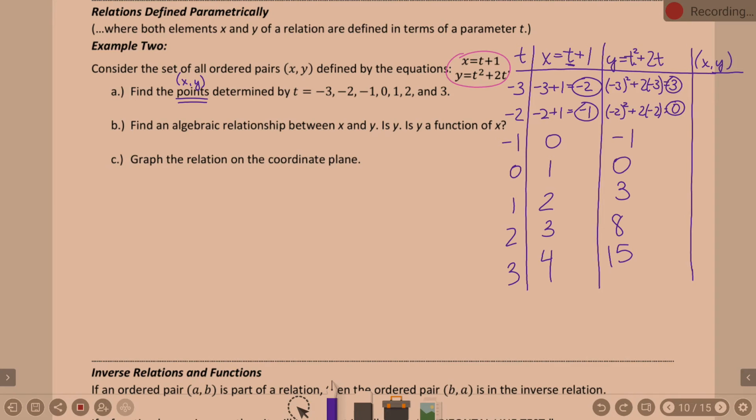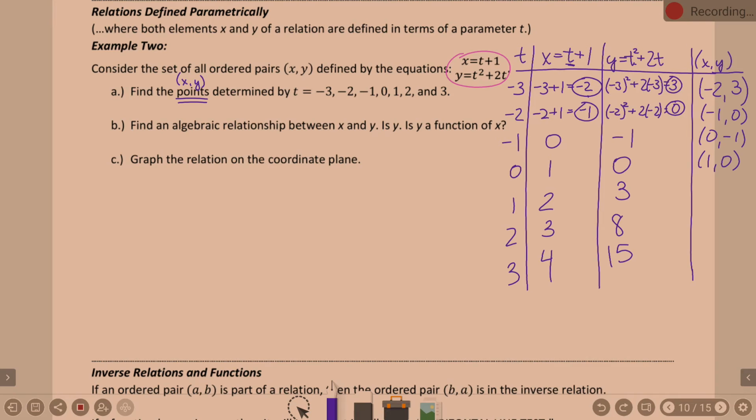So when t is negative 3, what is my ordered pair? And that is negative 2 comma 3. When t is negative 2, my ordered pair is negative 1, 0. When t is negative 1, 0, negative 1. When t is 0, 1, 0.